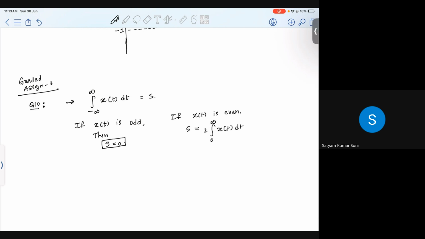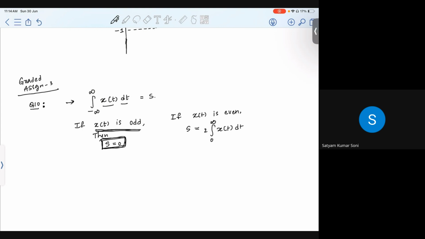And you can evaluate the sum from minus infinity to infinity by just doubling the sum over one side of the axis. So that is what it is stating. If you want to evaluate the integral from minus infinity to infinity of x of t dt, if the given signal is odd, then definitely you can say that the integration is 0.